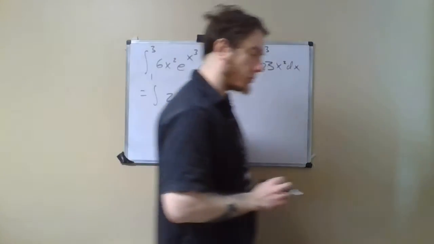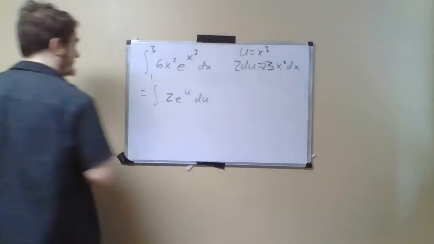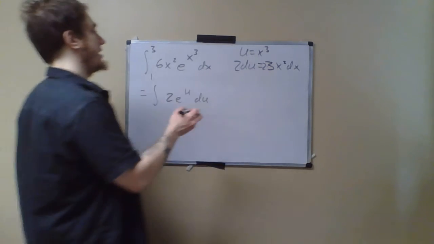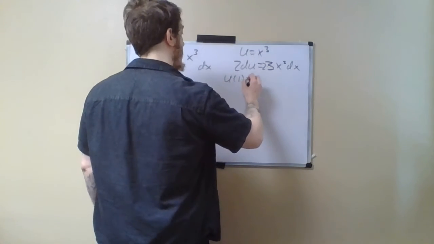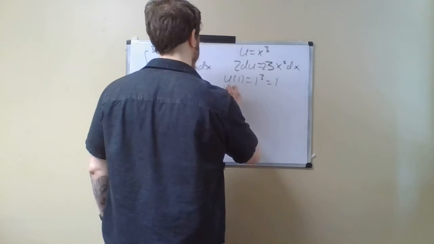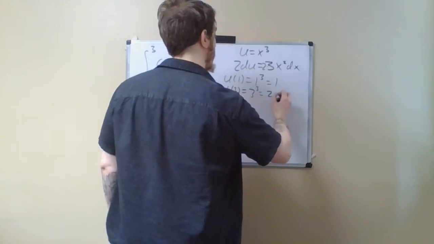So what next? Well, the next thing that we can say is we want to change these bounds. So u of 1, if I plug in 1 for x cubed, I get 1 cubed, which is 1. u of 3 would be 3 cubed, which is 27.